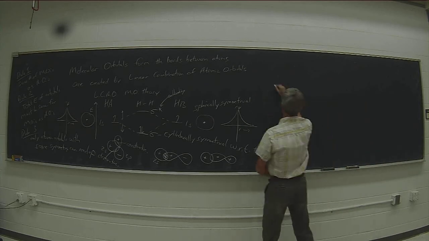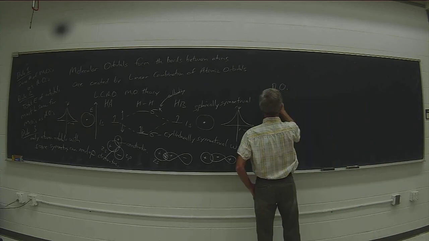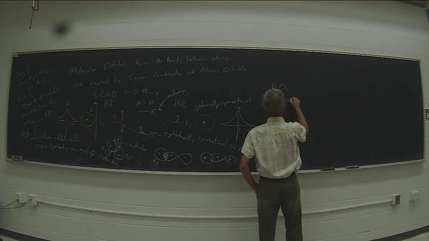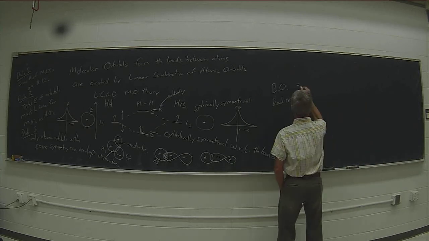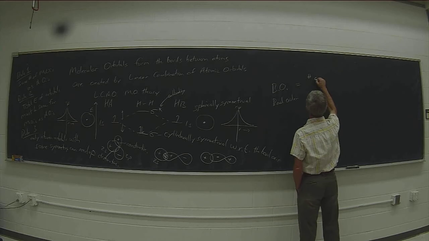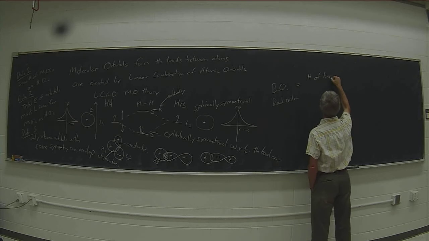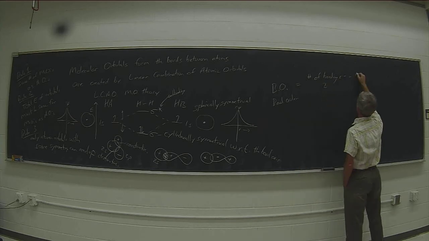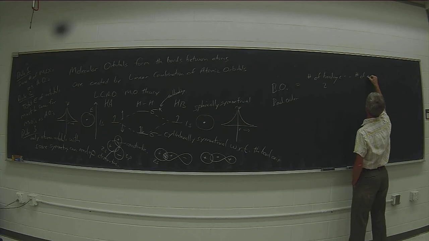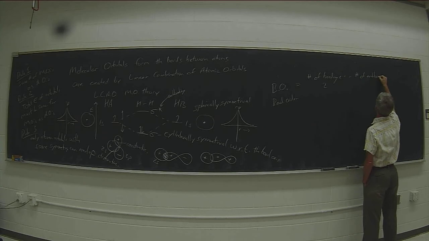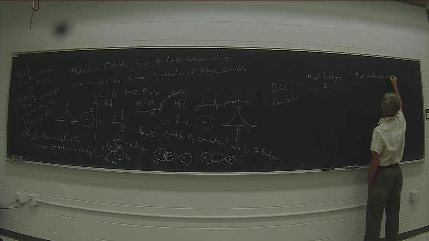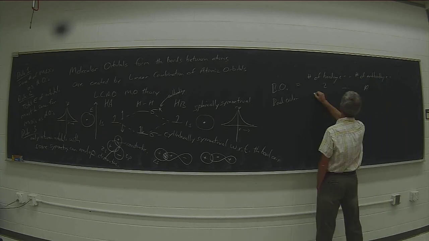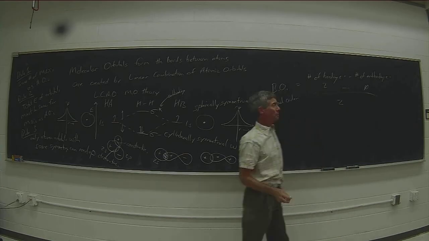The bond order can be calculated from the orbital energy diagram. And the bond order is equal to the number of bonding electrons, which in this case is 2, minus the number of antibonding electrons, which in this case is 0, divided by 2.